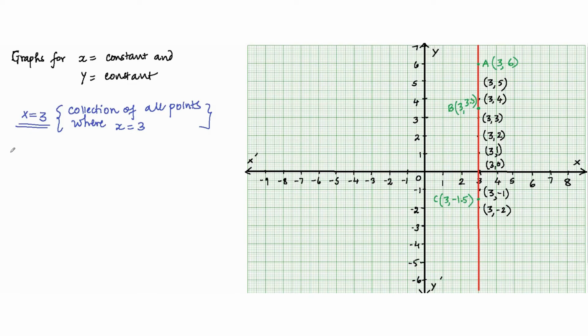So I can say that the collection of all points when x equals 3 is a line which is parallel to the y-axis, and it is at 3 units to the right of the y-axis.